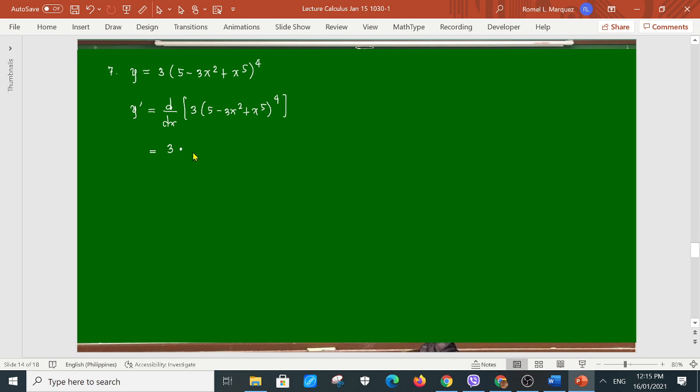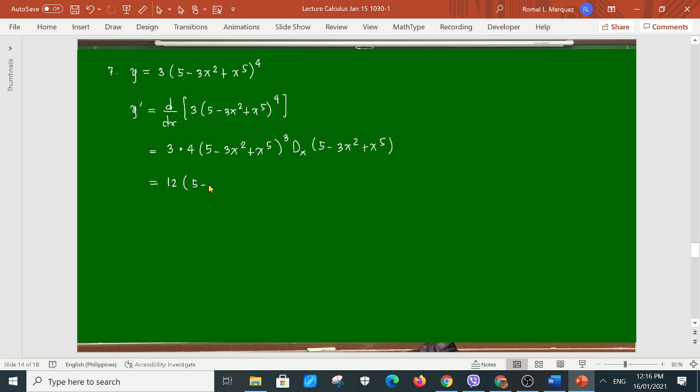Anong derivative nito? 4, then copy the base. Then, subtract 1 from the exponent. Then, get the derivative ng base. Kukunin pa nyo yung derivative ng base, derivative ng 5 minus 3x squared plus x to the fifth. That is for the general power. So, this is 12.